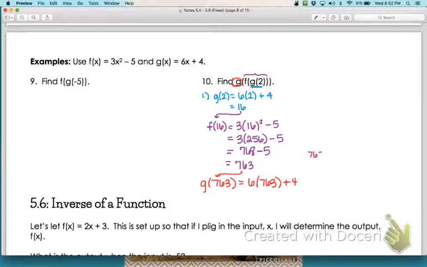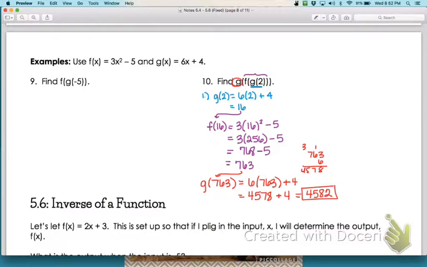And that one I'm not even going to attempt to do in my head. 7, 3, 45. So we have 4,578 plus 4, which gives us a final answer of 4,582.